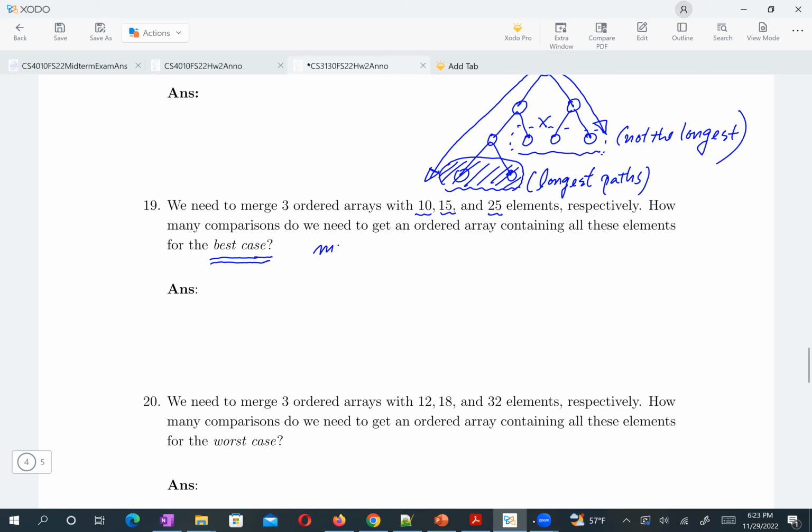Every time when you merge, use this formula. Because when you merge, you have several ways to merge, right? Here, I ask you to find the way with the minimum number of comparisons.